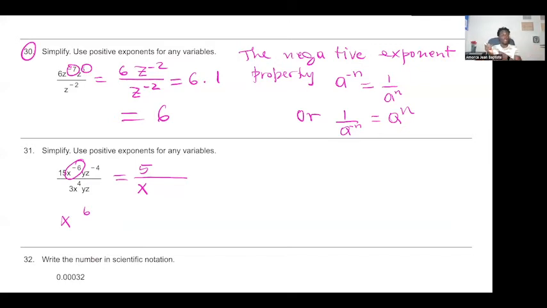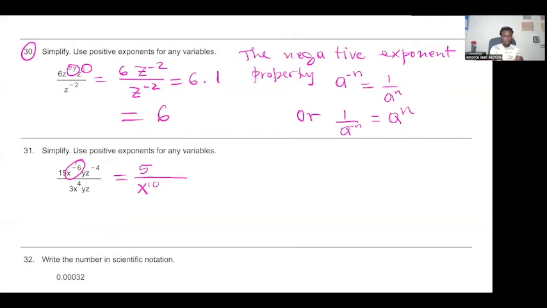So from negative to positive, or from positive to negative. You don't need to move a positive anyway, unless it's smaller than the other one. And then now you have the 6, because it moves to the denominator, and then plus 4, so that's x to the 10th power. When you move the 6, it changes sign.